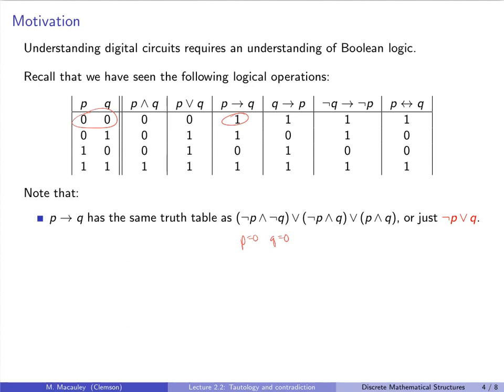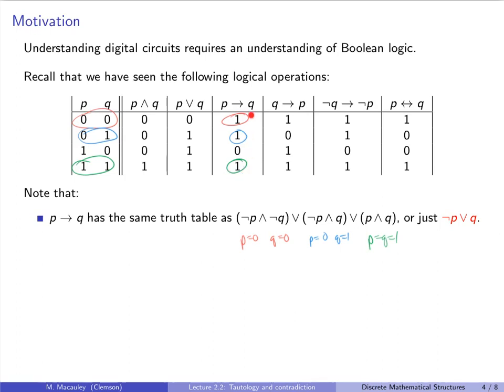The next one is true if P equals 0 and Q equals 1. So that's the second row. And finally, this last one holds when P equals Q equals 1, and that's saying that this last entry is 1. So we can do this in any truth table.